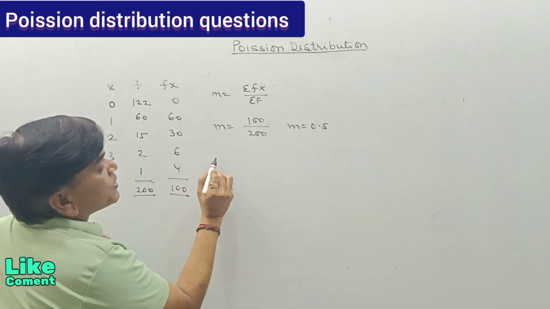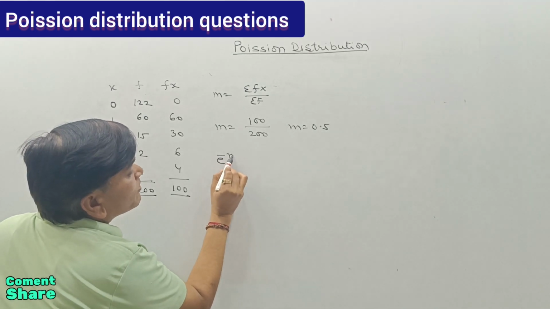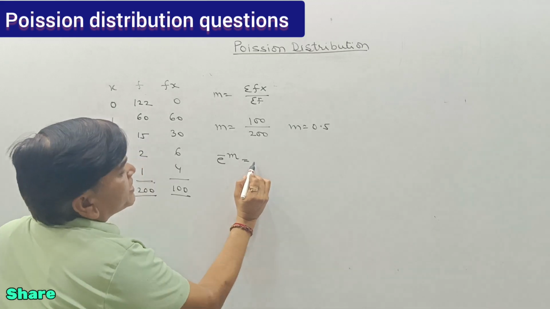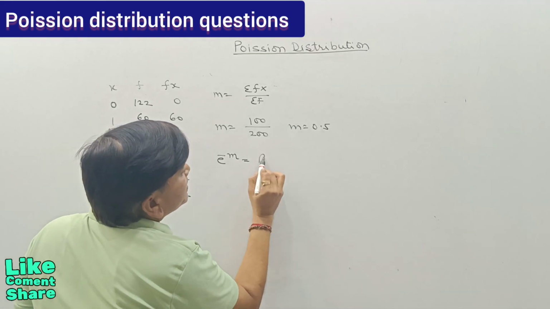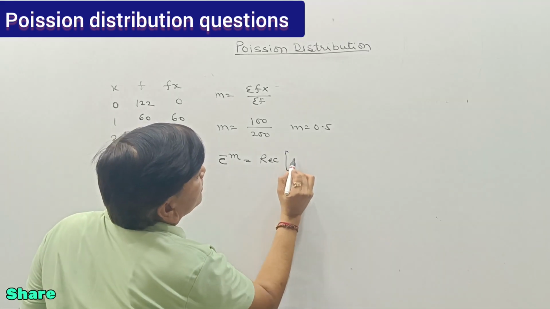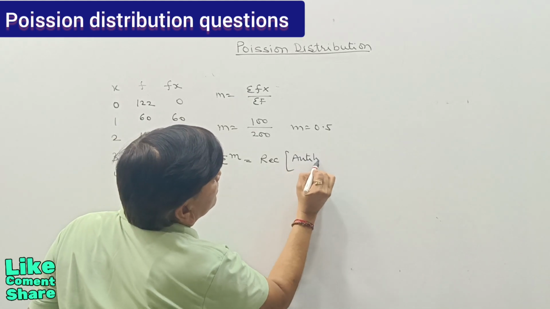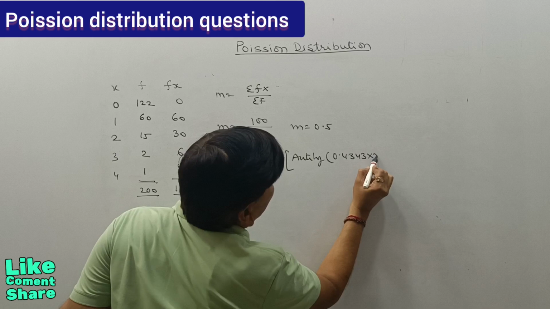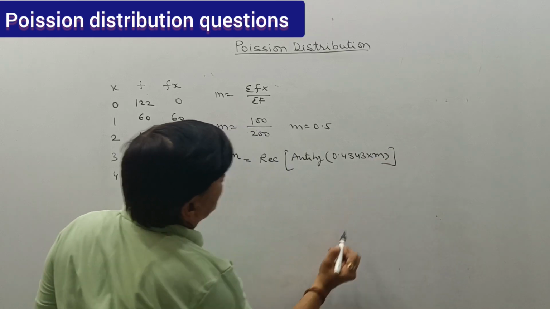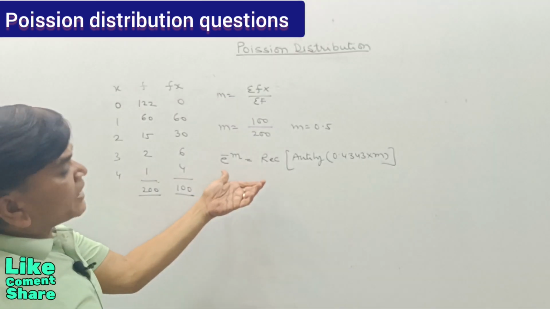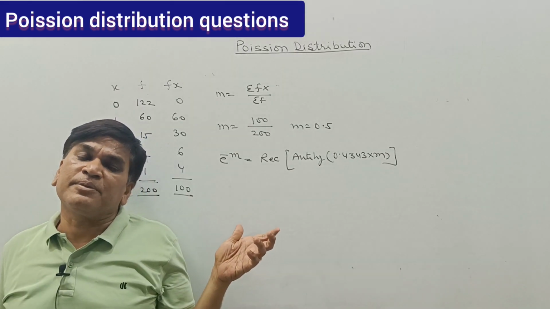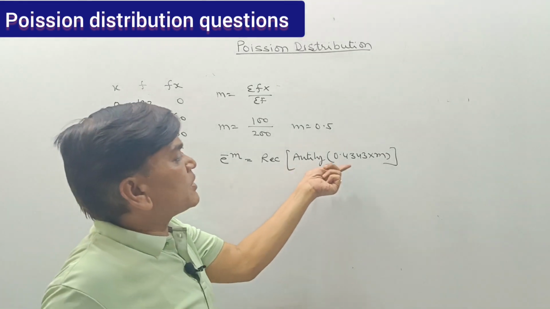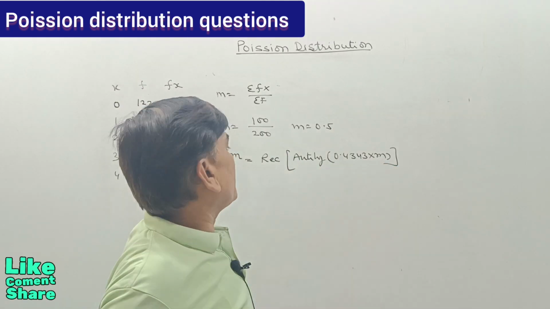Okay. For the Poisson distribution, we want e raised to power minus m, and this is the reciprocal antilog of 0.4343 multiplied by m. In the last video we calculated that for calculating e raised to power minus m, we will use the formula reciprocal antilog of 0.4343 multiplied by m.